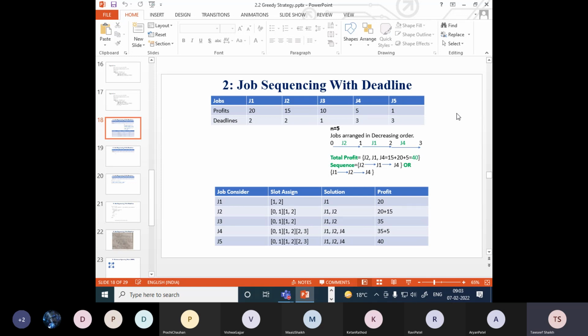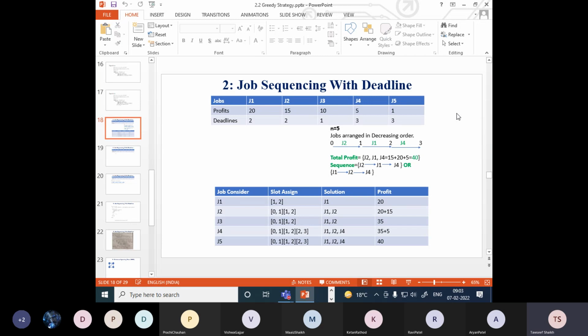Somebody has to do one type of typewriting task, someone else has to do another, and they are telling this typewriting guy that they will offer a profit for performing each of their tasks of typewriting, but they are also attaching a deadline with each of their tasks.